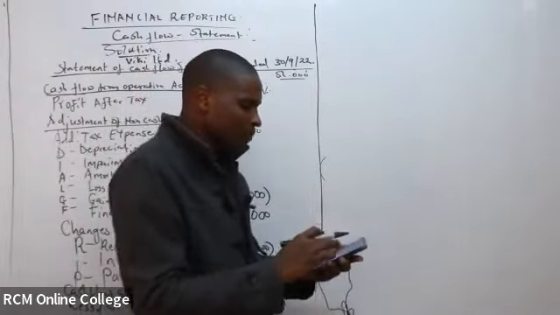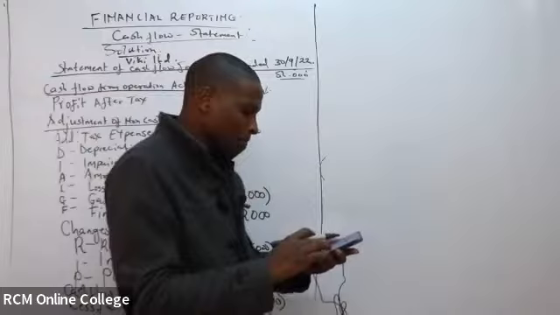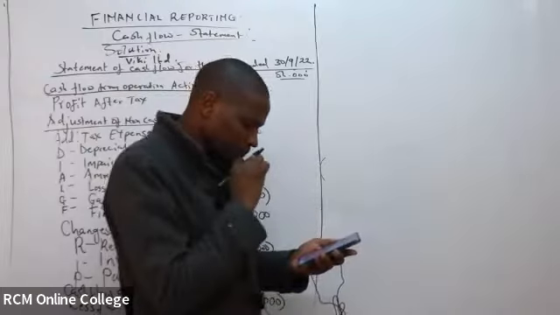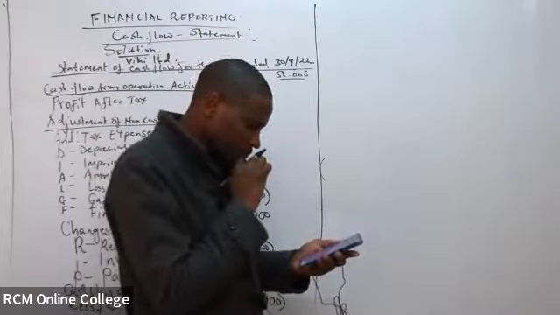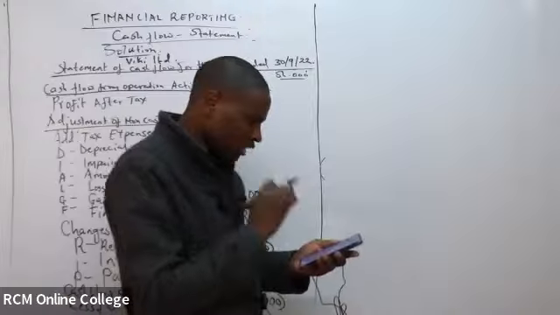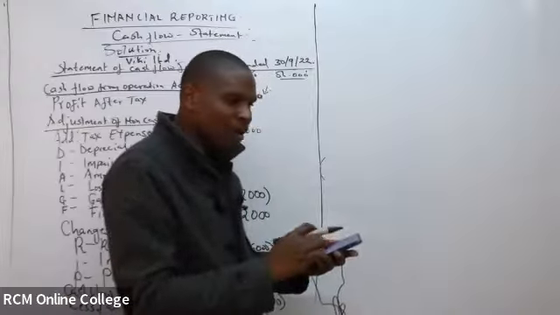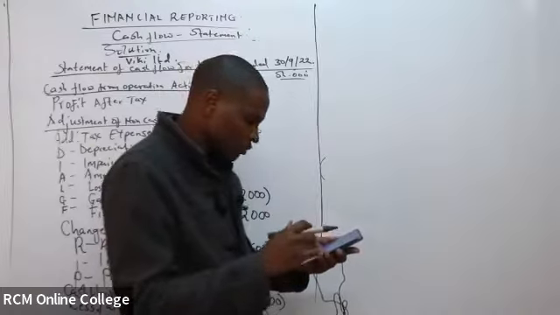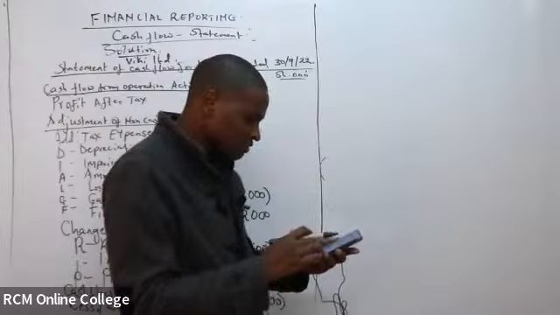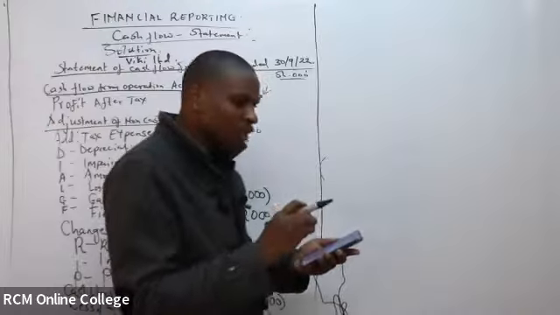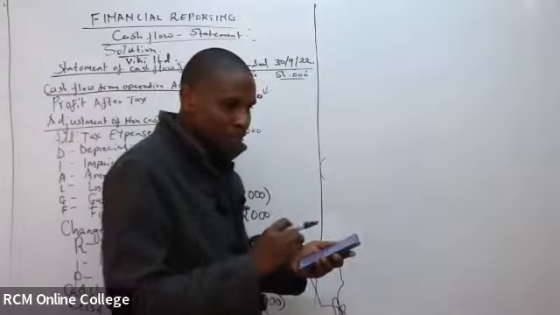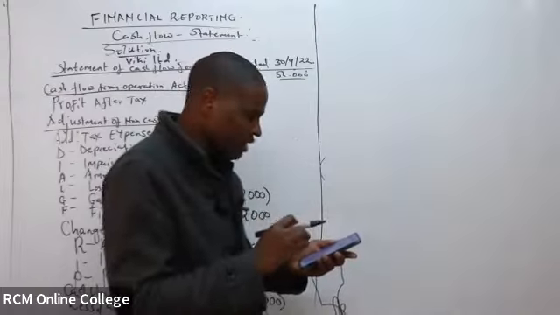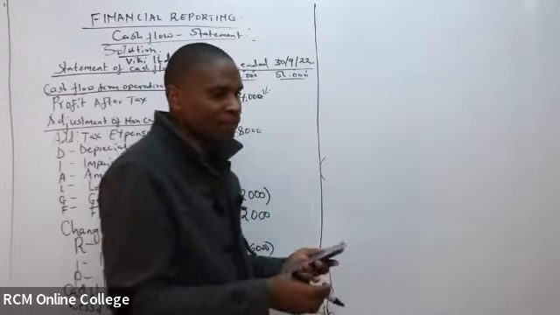If you look at our kuna point nimeona tulikuwa na accruals. How do we treat those accruals? If you look at our current liabilities, class, we don't have tax pale, we don't have interest.